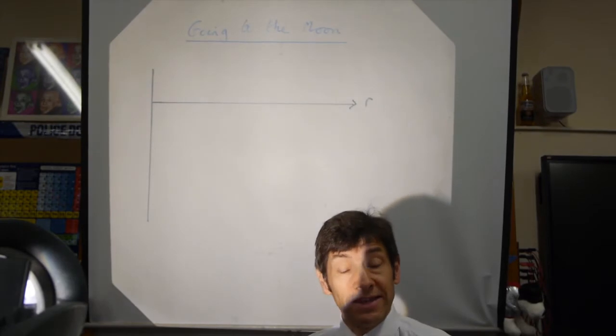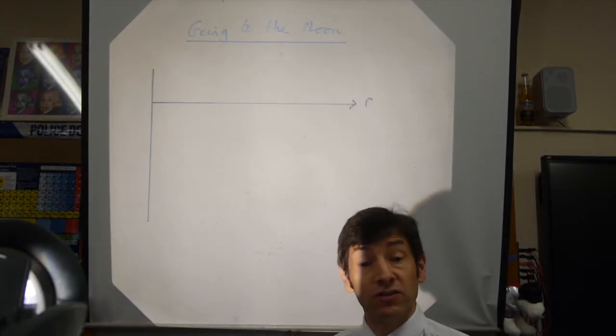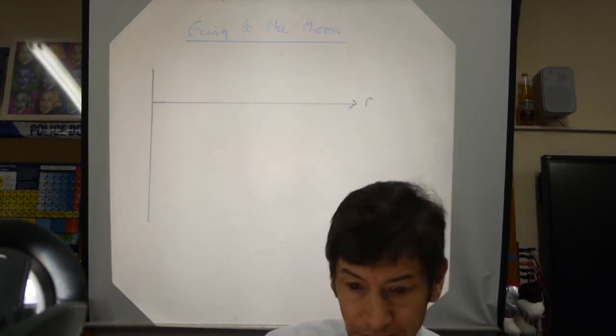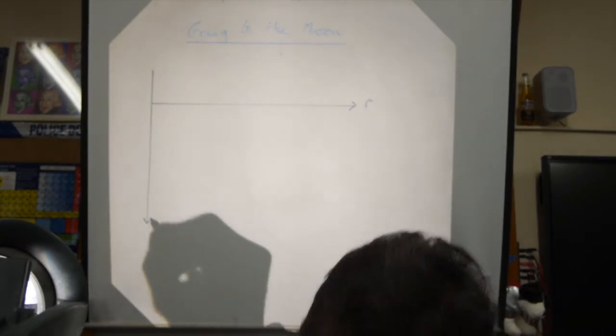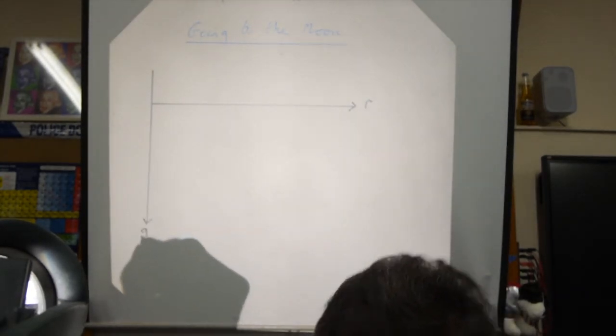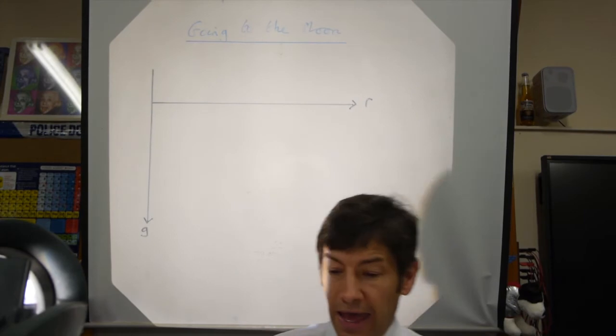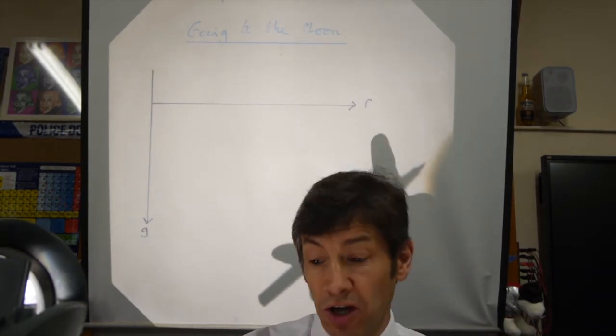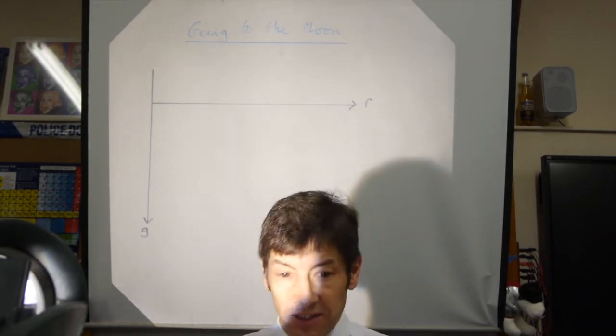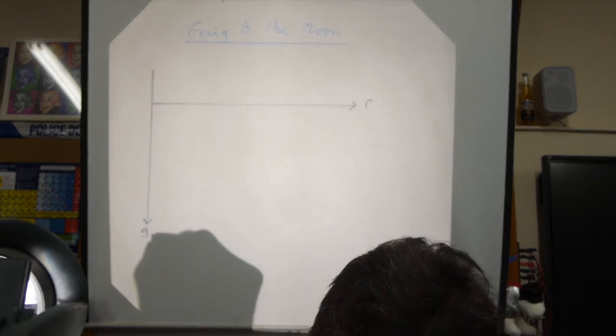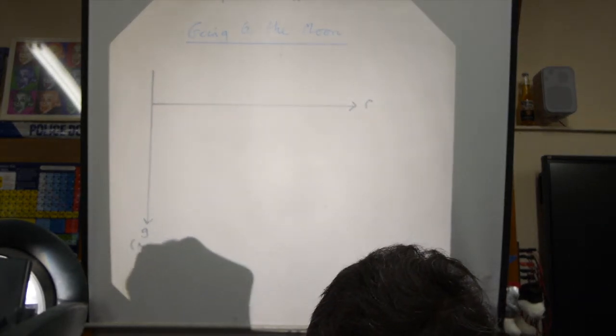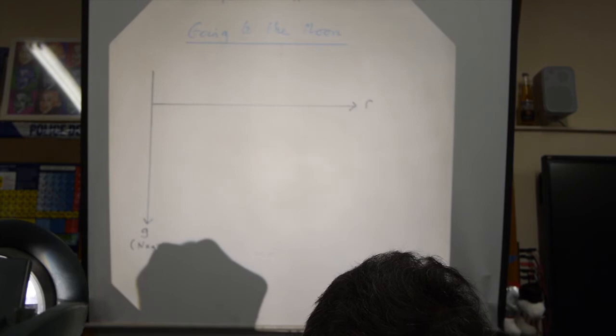And that r is the separation, the distance from the centre of the Earth. And this axis is going to be g. I won't give units to r because I'm not worried about the specific distances, but remember that g will be in newtons per kilogram.